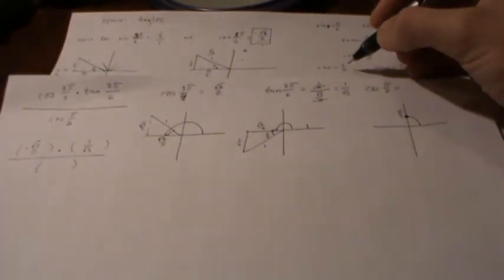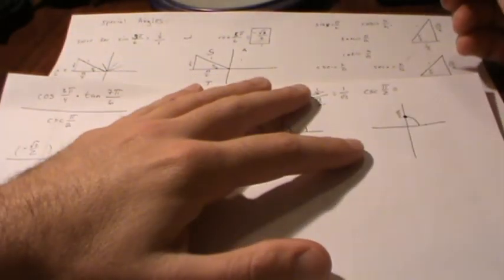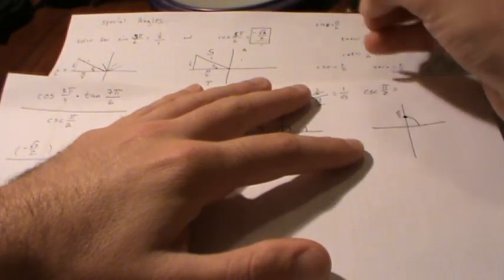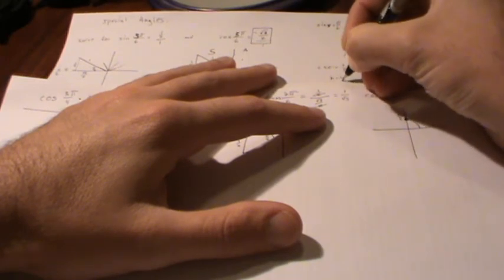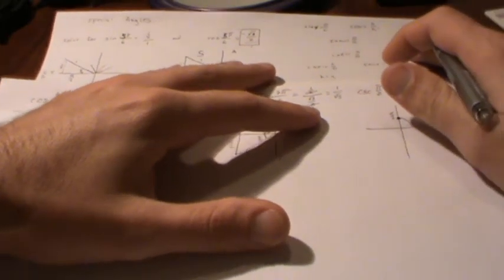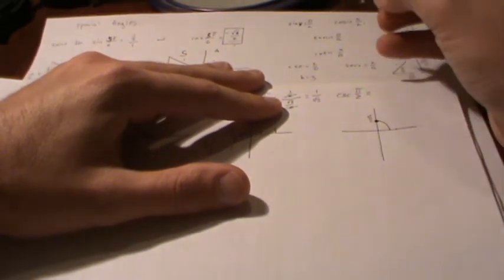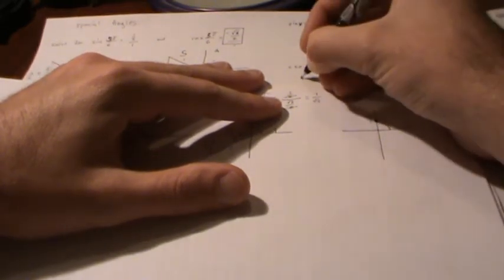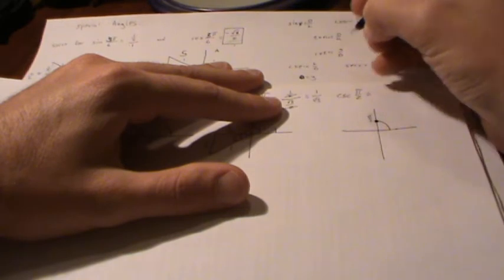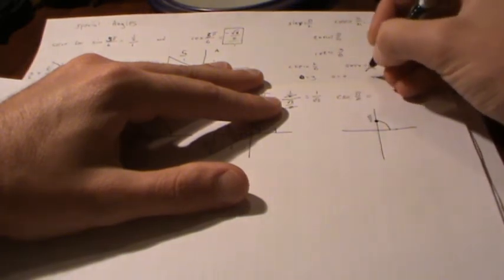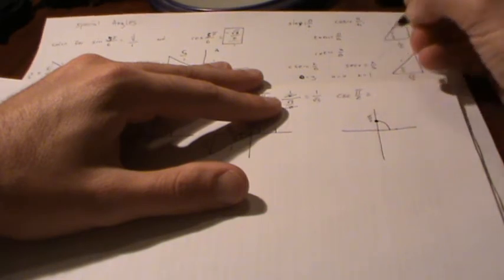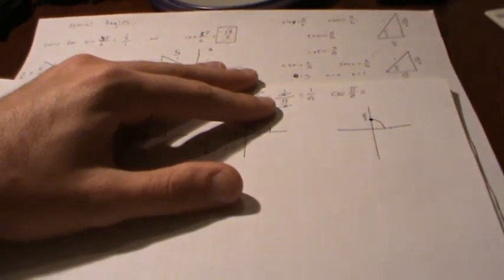Cosecant is hypotenuse over opposite. In this case, you can think that O is equal to a y value, and A is equal to an x value, and H is always equal to 1.